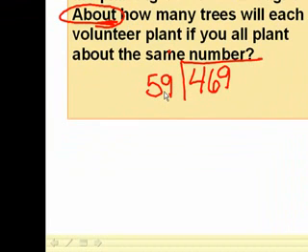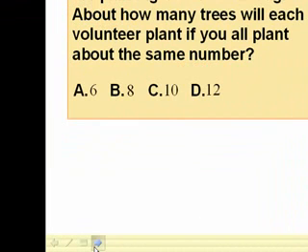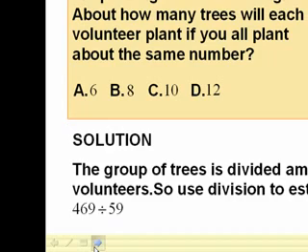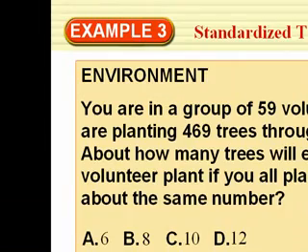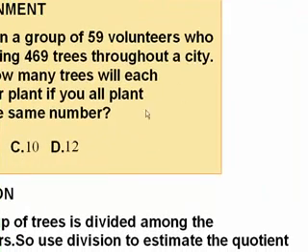When I mean get along, I mean they divide evenly. So check this out. These are our options, 6, 8, 10, and 12. So let's see what happens as we round these. It says solution, the group of trees is divided among the volunteers, so we use division to estimate the quotient. So 469 and 59.